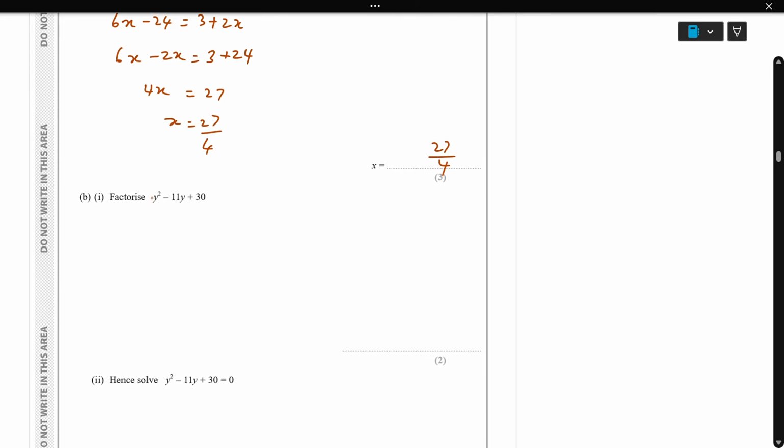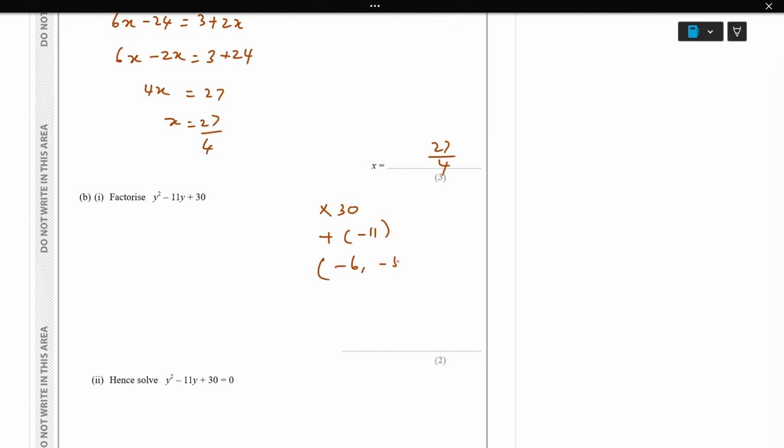Next one, factorize. When we multiply, we have to get 30, and when you add both the numbers, we have to get negative 11. So the factors are negative 6 and negative 5. So y square minus 6y minus 5y plus 30.